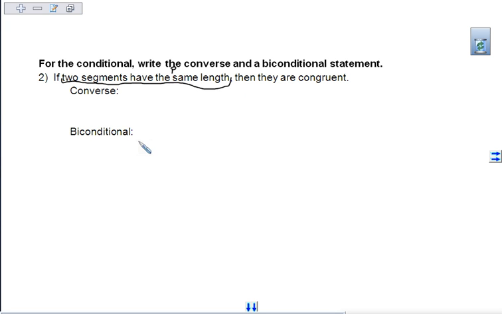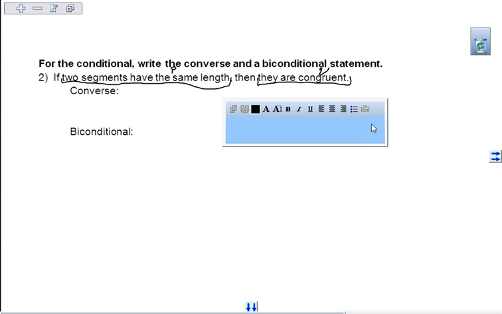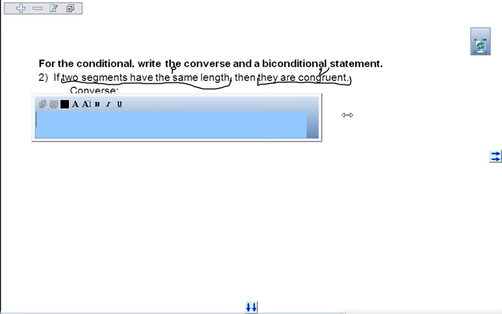What's our conclusion? They are congruent. So we need to write our converse statement from that now. Remember, that flips the order. So what would our converse statement be?